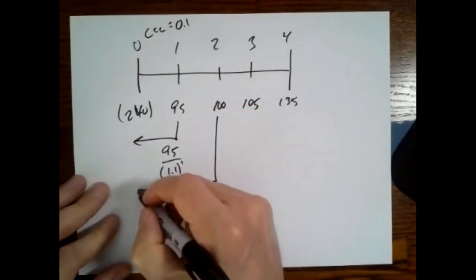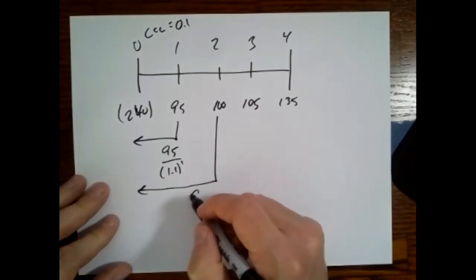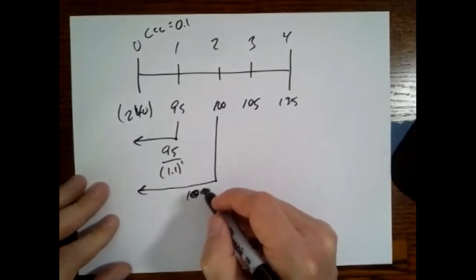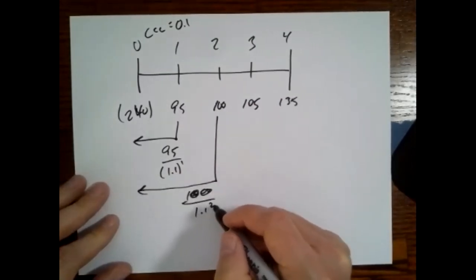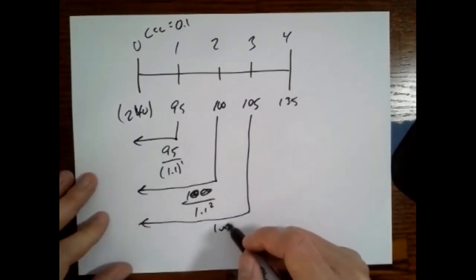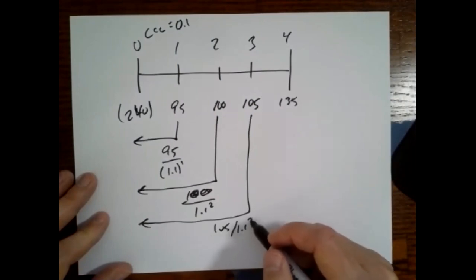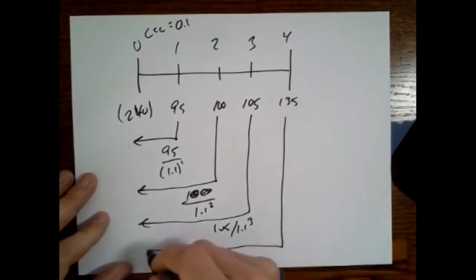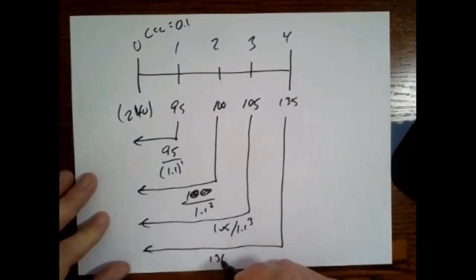Then I'm going to bring this one back, right? And it's going to be 100 divided by 1.1 squared. Then I'm going to bring this one back, and it's going to be 105 divided by 1.1 to the third.